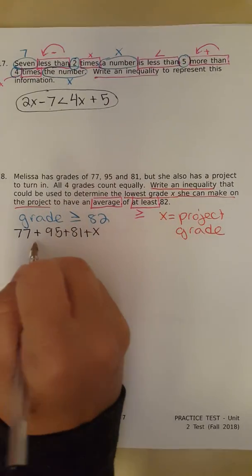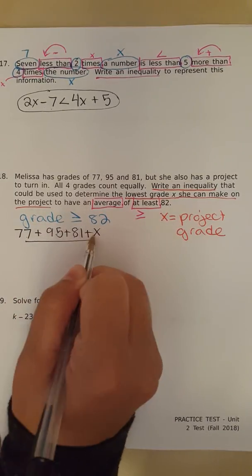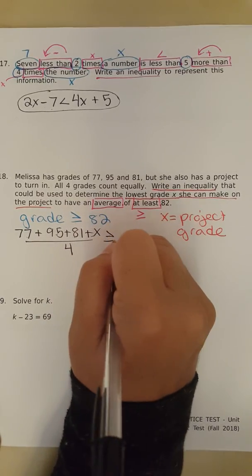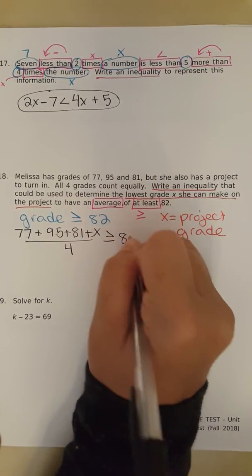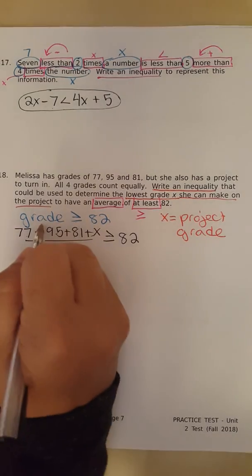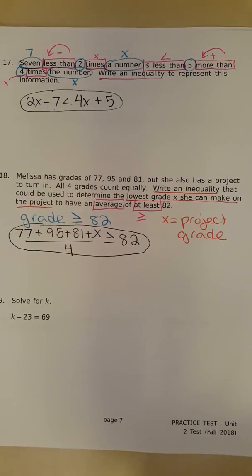So to find the average, we add them together and we divide by how many there are. So there are 1, 2, 3, 4 grades here. And again, we said we want her grade to be at least, so greater than or equal to 82. And that's it for that problem. We don't have to go any further because it did tell us to just write the inequality.